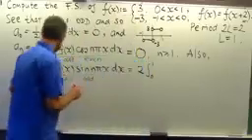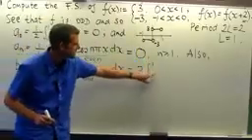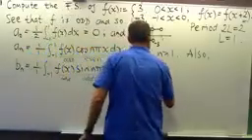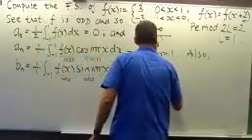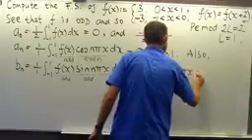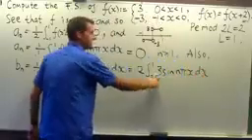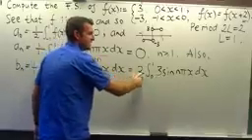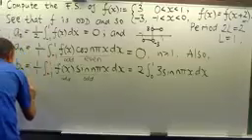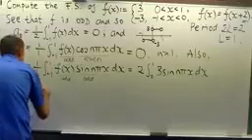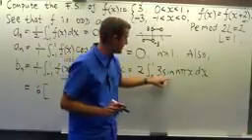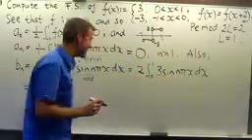On this interval, 0 to 1, f of x is 3. So we replace f of x with 3 sine n pi x dx. Now 3 is just a constant, so I can take it out the front, and I want to integrate sine n pi x. So let's do that. I'll get 6 out the front. When I integrate sine, I get minus cosine, and I've got to divide by n pi.